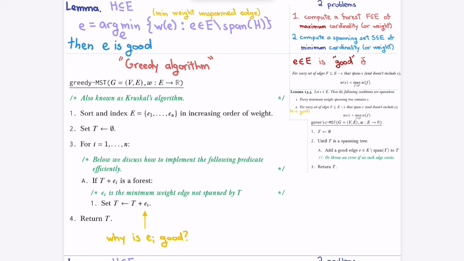E is good. We've already argued that every minimum weight spanning tree contains every good edge. So taking good edges is okay, but I just want to argue that when I'm taking an edge, it is good.